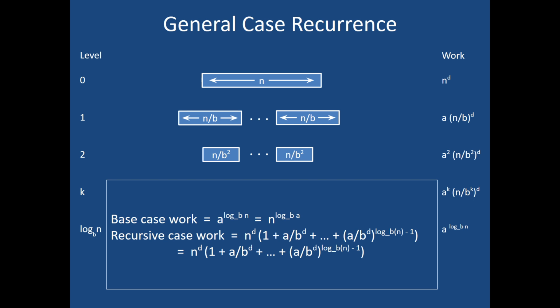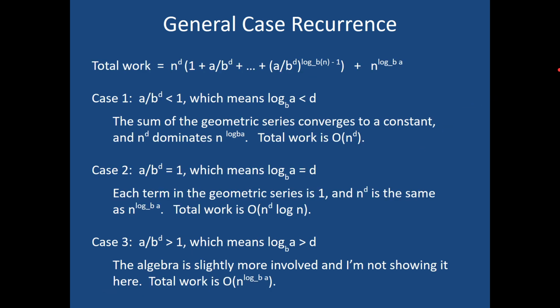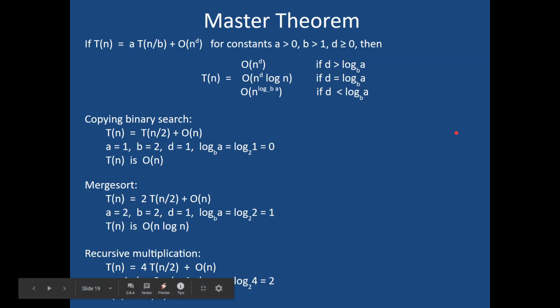You take the general case of the recurrence of the master theorem. You would work out just like we did. You would come up with sums down here for base case work and recursive case work. You would then try to simplify those sums, and it turns out that doing this sum right here depends on which case you're in, and you come up with the master theorem.